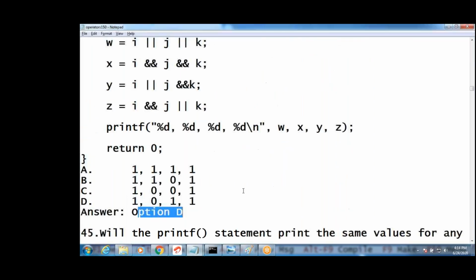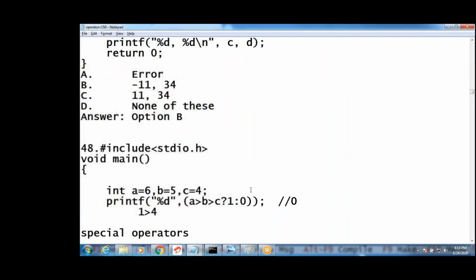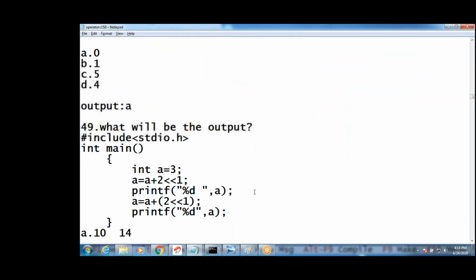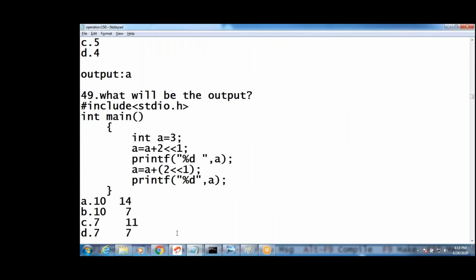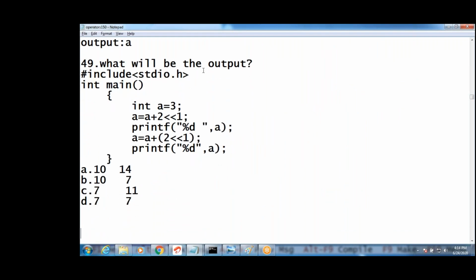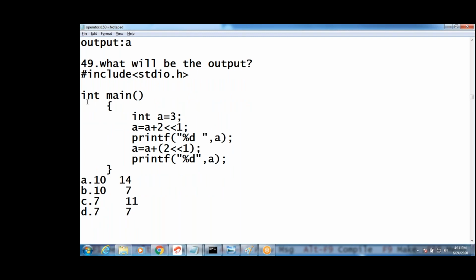One example for right shift and left shift operators. I will give an example program. Write this, guys, and tell me the answer. Start from main.